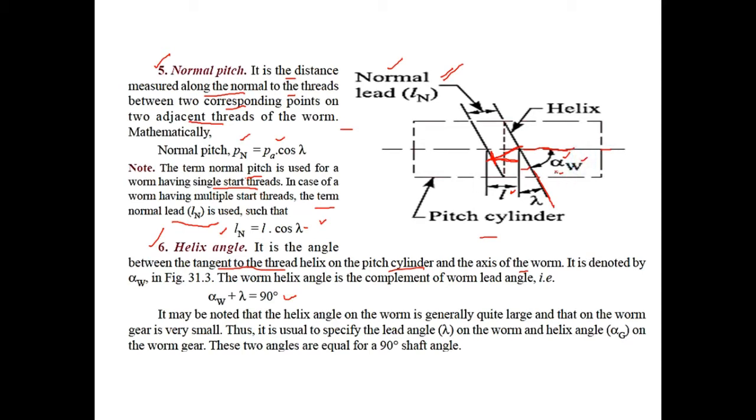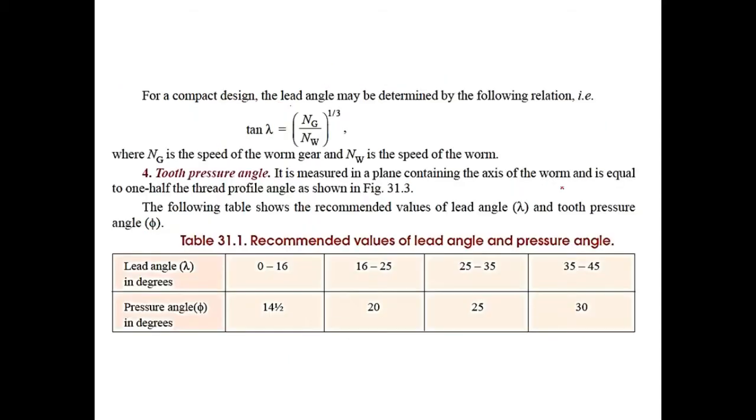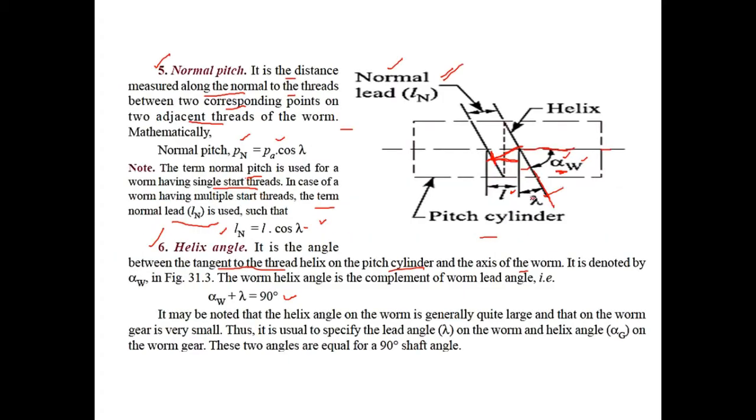Now if we say helix angle alpha plus lead angle lambda, it will make 90 degrees. So the complement of the lead angle will be the helix angle. He is saying alpha plus lambda will be equal to 90 degrees.